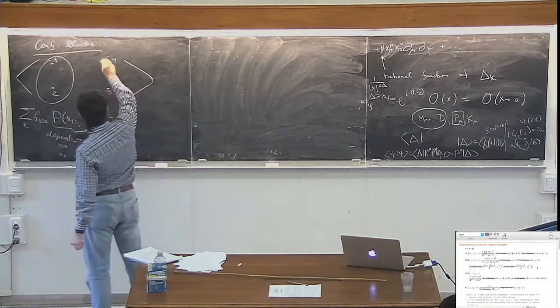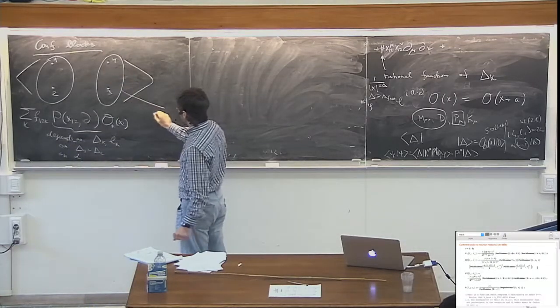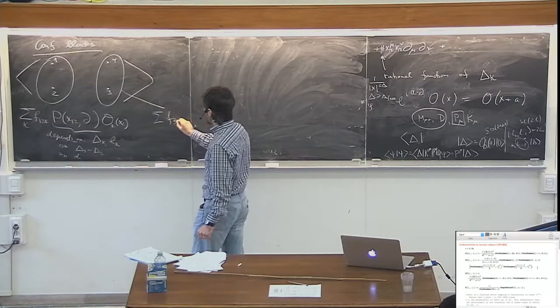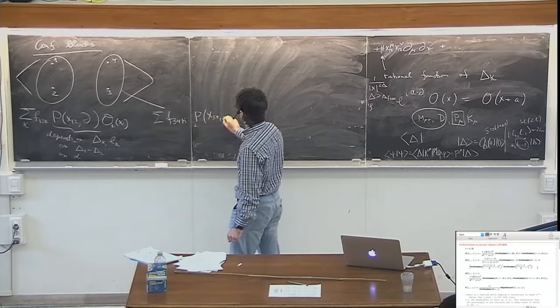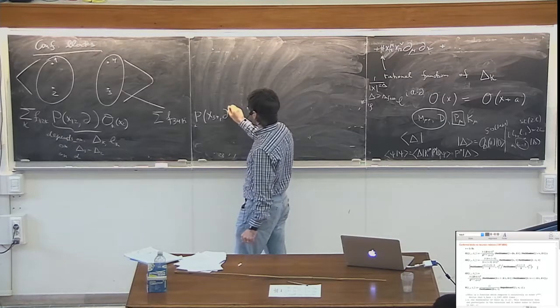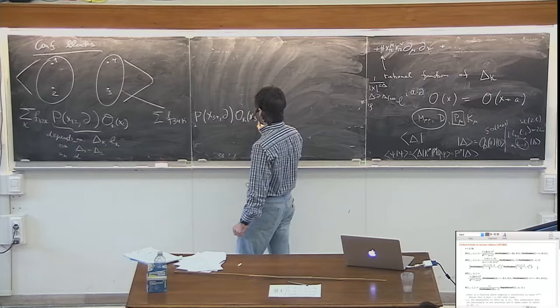So their OPE is going to be the sum of f3 for k, P x3 for delta, OK of x3.